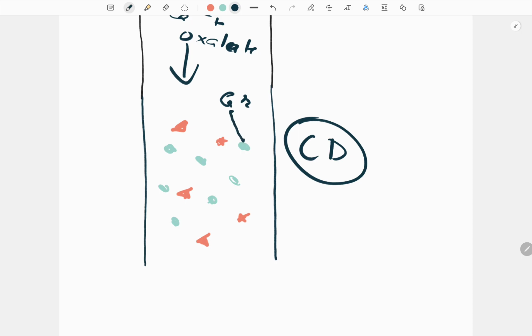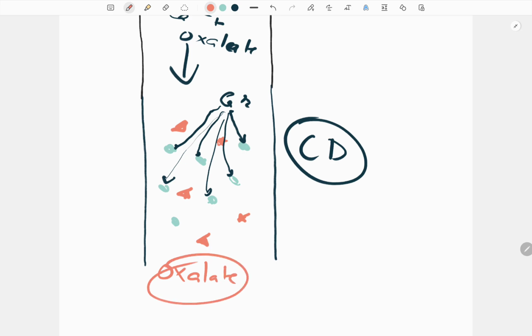So it will go and bind the fat molecules, and now there are many fat molecules. So the calcium gets used up by attaching with the fat. So now you have many oxalates left unbound with the calcium, and now they cannot be excreted.